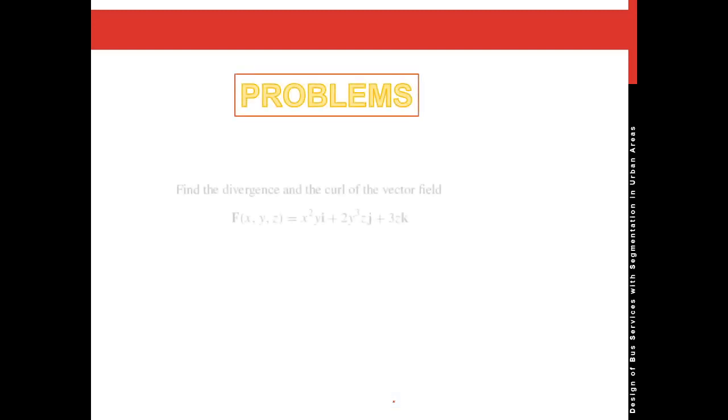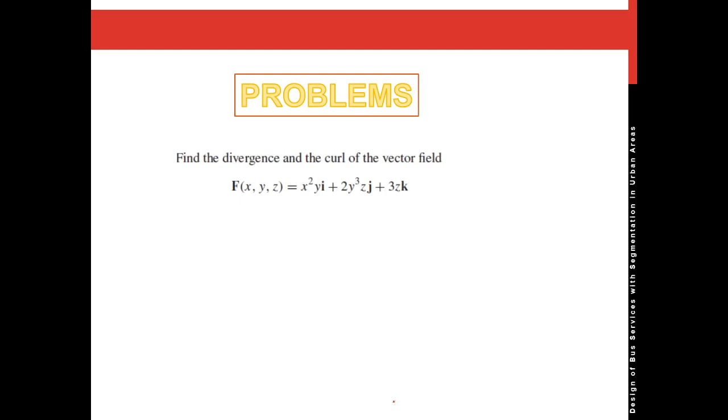Now we will do a problem. Find divergence and curl of the vector field F(x, y, z) = x²y i + 2y³z j + 3z k. Solution.